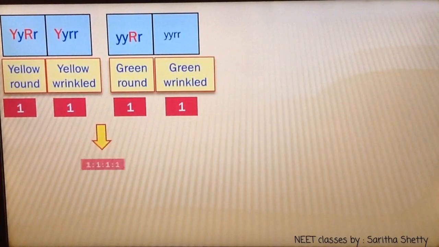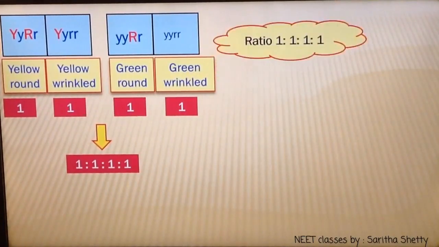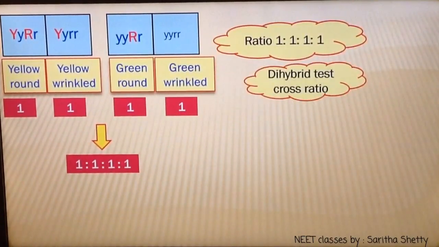Thus here we get a ratio of 1:1:1:1 in the dihybrid cross. So this test cross enabled Mendel to understand that the F1 individuals are heterozygous in nature. Thus, students, a test cross helps us to know the genotype of an unknown individual.